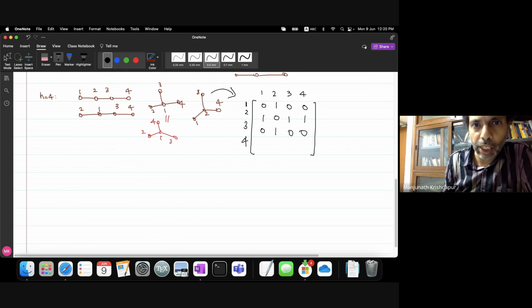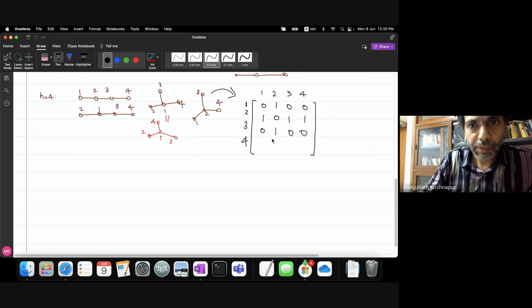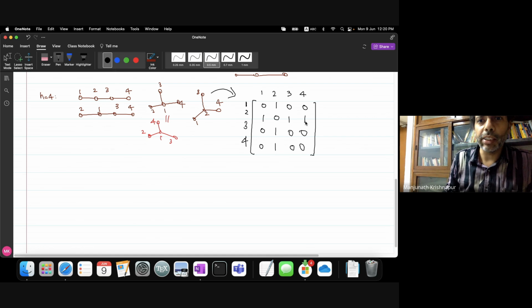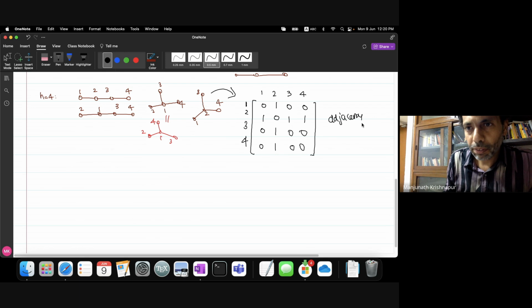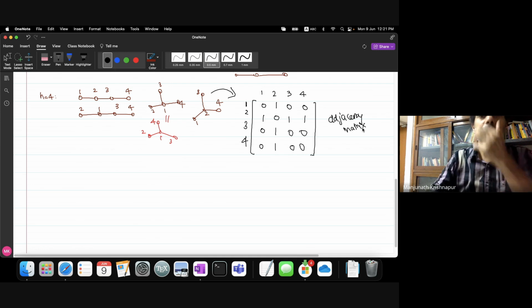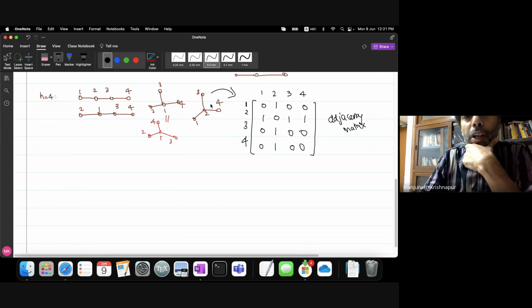And 4 is connected to 2 and not to anything else. So this is the adjacency matrix of this particular graph.